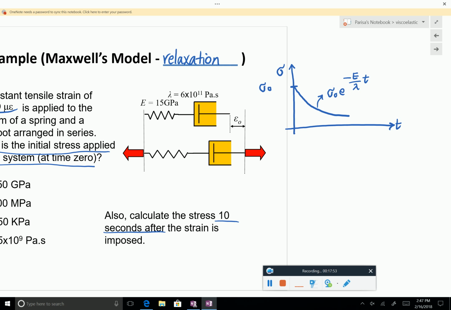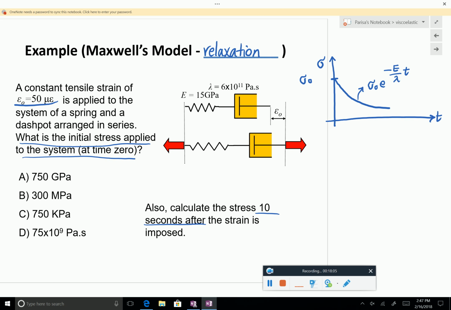When you first apply the strain, how much is the stress? Sigma 0. Exactly, it is E times epsilon 0. Because the moment you apply the strain, all the strain is going to be carried by the spring, because it deforms immediately. So the initial stress is E epsilon 0.